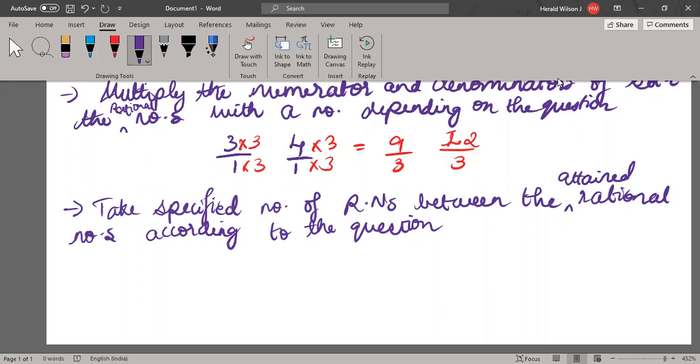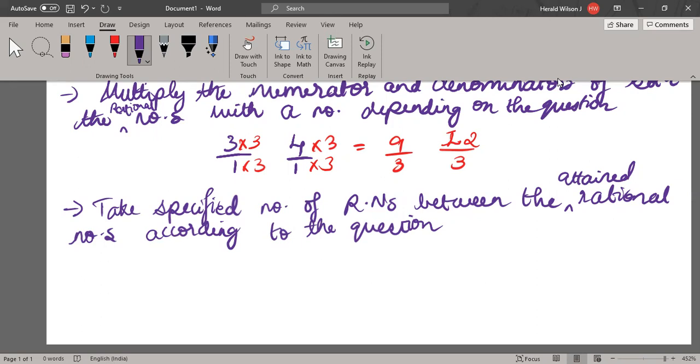So 3 by 1 into 3 into 3 and 4 by 1 into 3 into 3. I told you to multiply the numerator and denominator of both the rational numbers with a number. That means the same number you need to multiply with the denominator and numerator of both the numbers. So if it's 3 here, it's going to be 3 here. If it is 4 here, it is going to be 4 here as well.